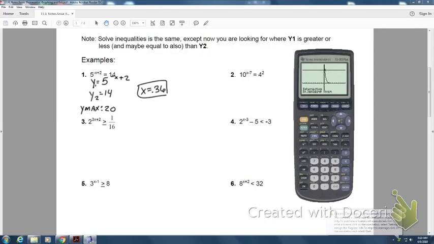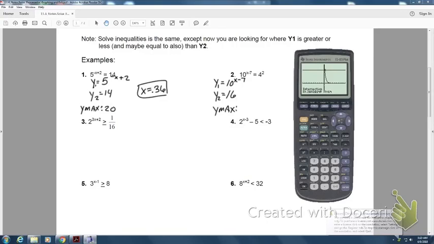Okay, so going to number 2. Hunter, what's going to go into Y1? Y equals 10x minus 7. Okay. What's going to go into Y2? 4 squared. Okay, what is 4 squared? 16. Alright, so I can go ahead and put that. Will my Y max of 20 on my window settings, will that still work?